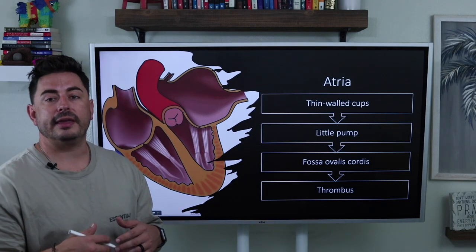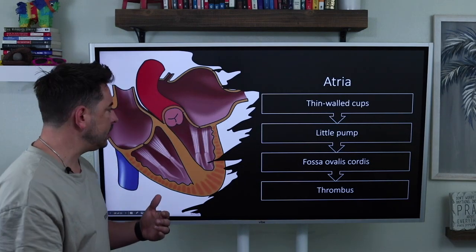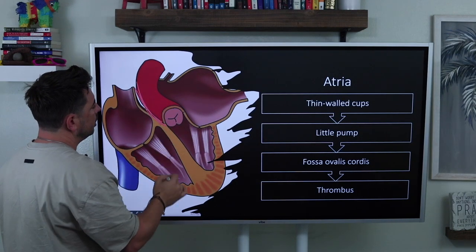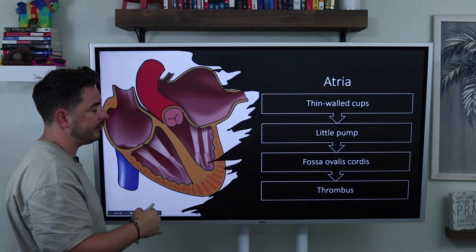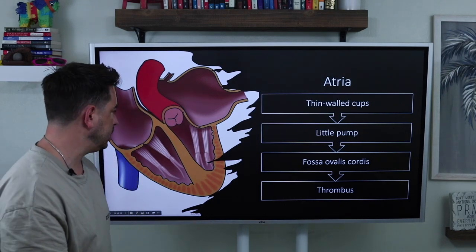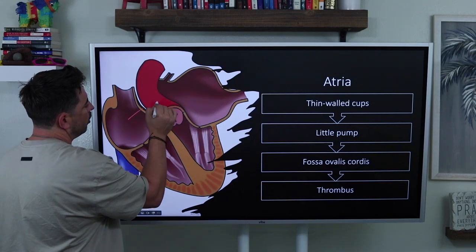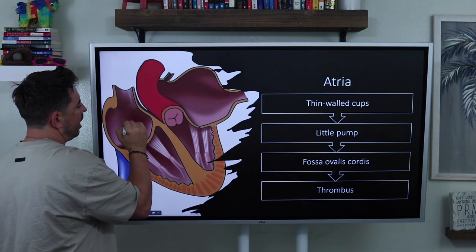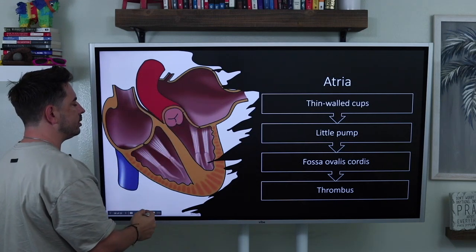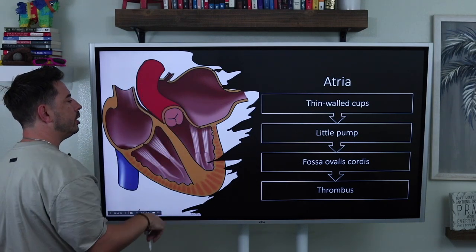They're separated by the interatrial septum. Again, that's that little separation between the right and left atrium. If you go back and remember when we talked about fetal circulation, we had that foramen ovale that helped get blood from the right atrium over to the left atrium so that we could bypass blood going to the lungs.